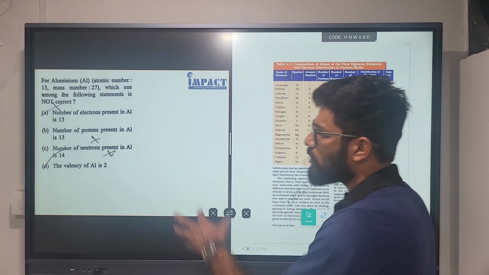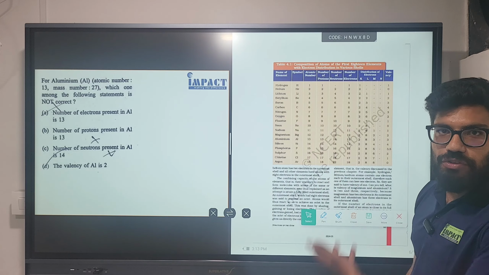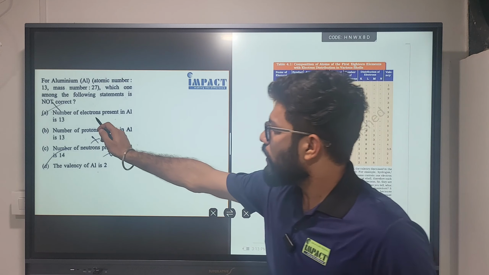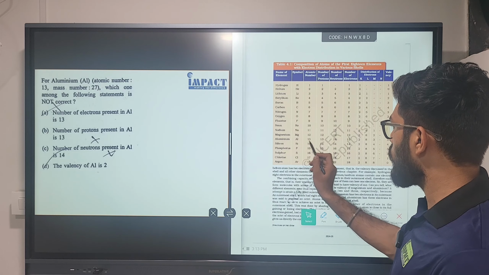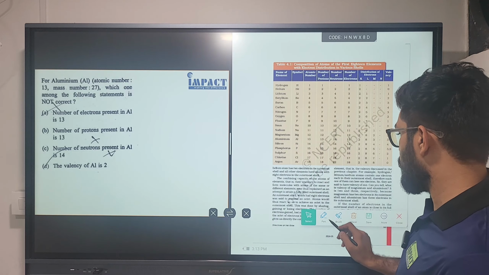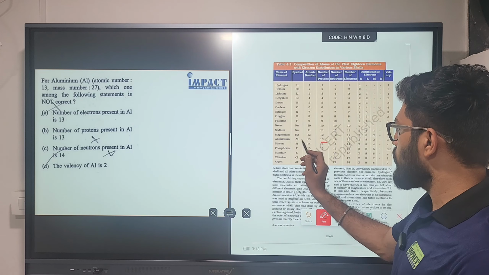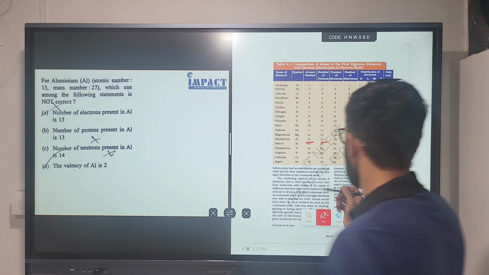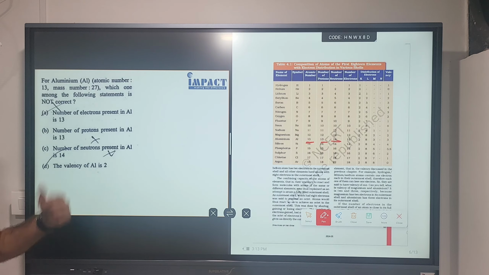Now, for this question on aluminium, they have used the same diagram which we were using earlier. The number of electrons present in aluminium is 13. Here you can see the number of electrons is 13. The number of protons present in aluminium is 13, again 13, and the number of neutrons is 14. The last option they have used is that the valency of aluminium is 2.